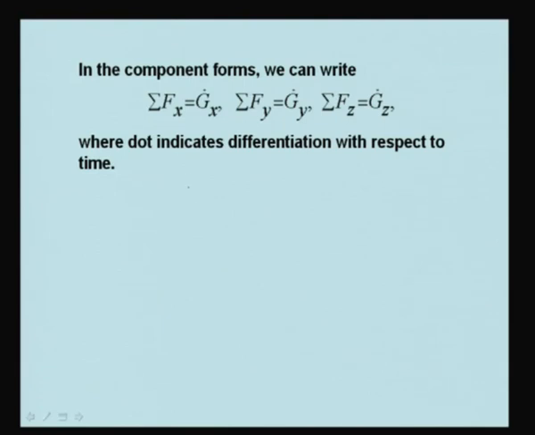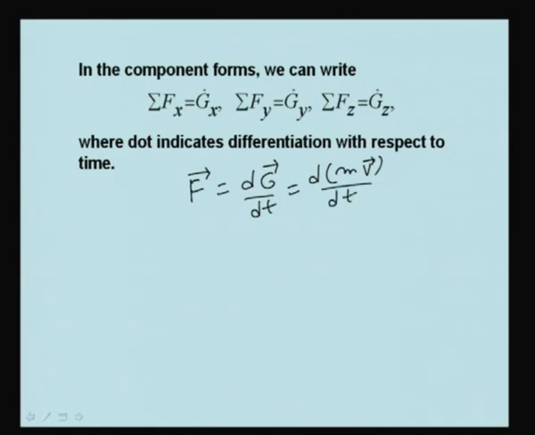You can also write f is equal to dg by dt even when the mass is changing, and in this case you have d(mv) by dt.